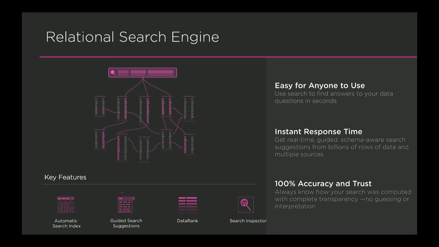And this basically makes it even simpler for end users to understand what searches are being performed, what are the most relevant keywords for the searches, based on other searches that have already been performed, as well as the data characteristics. And the last thing here I did want to mention is we also have a search inspector. This is what provides that transparency to the query, so that you know exactly how your search results are actually computed, so that you can be confident that your search results are 100% accurate.